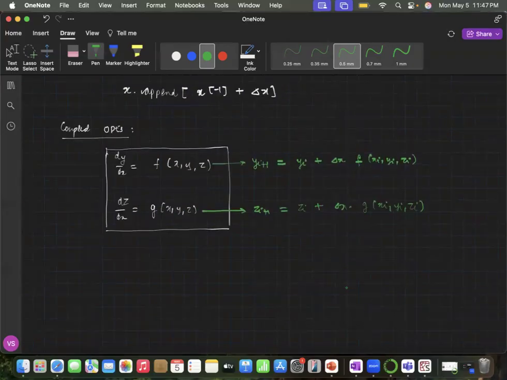And yeah, that becomes a very simple way to solve this problem, right?